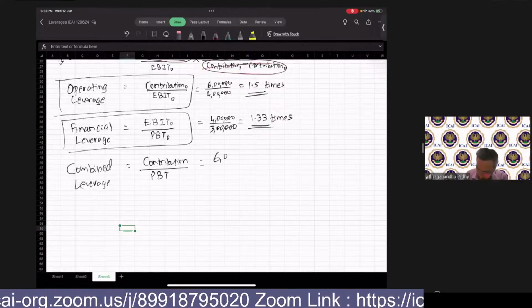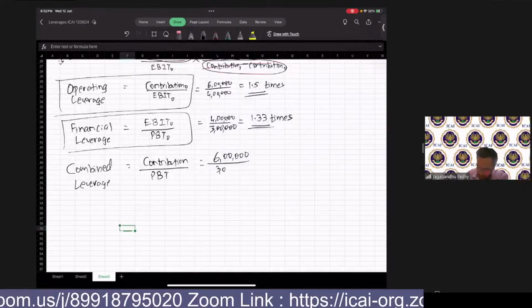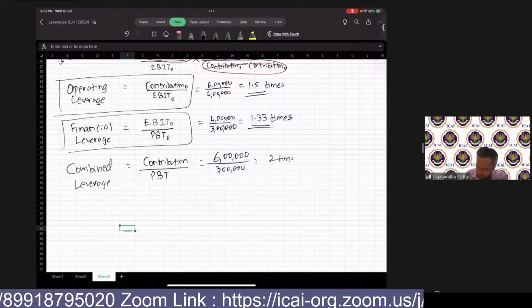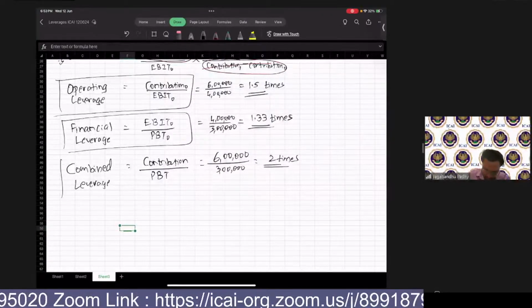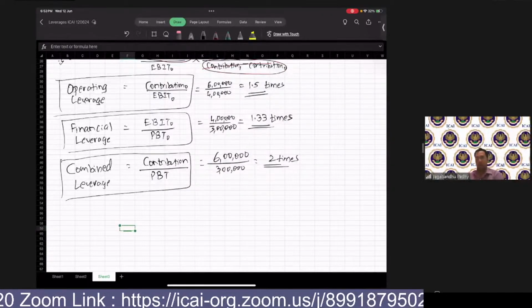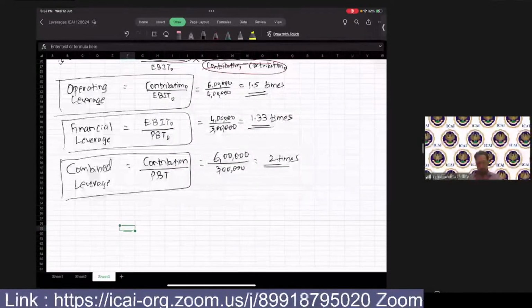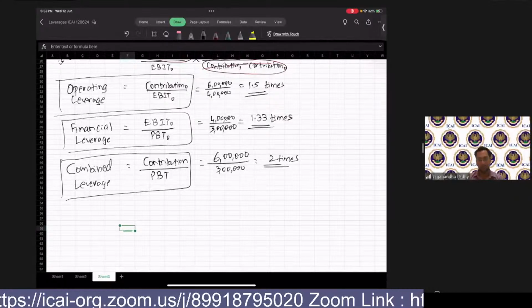If you pick up the numbers, contribution is 6 lakh upon profit before tax of 3 lakh, which is 2 times, right? So all of these three are shortcut formulae to calculate the leverages, be it operating, financial, or combined.